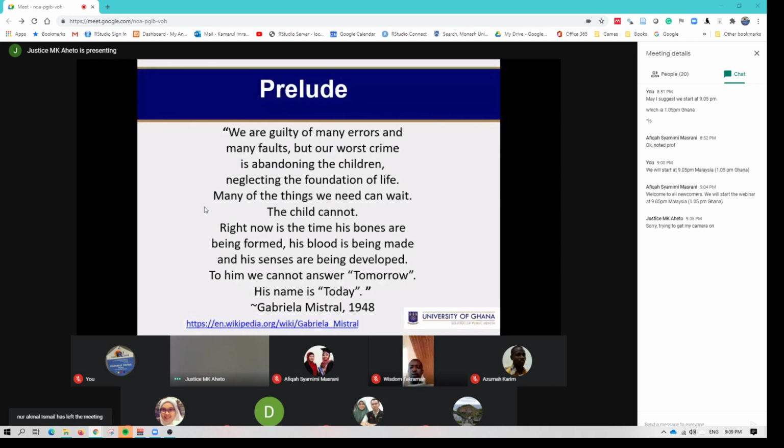It goes: we are guilty of many errors and many faults, but our worst crime is abandoning the children, neglecting the foundation of life. Many of the things we need can wait. The child cannot. Right now is the time. His bones are being formed. His blood is being made. And his senses are being developed.